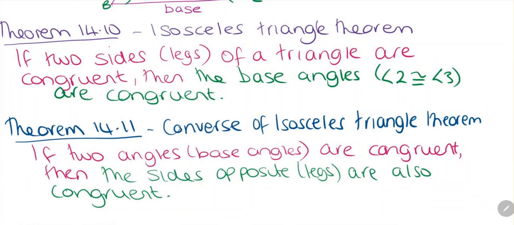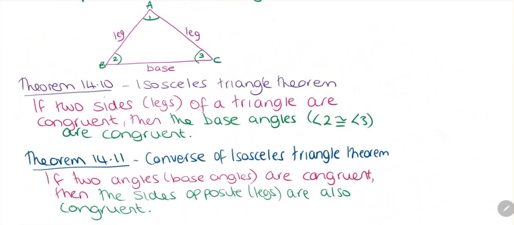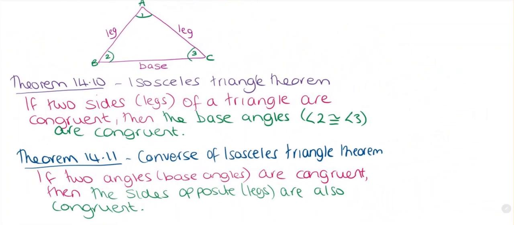So an example, so if we look at our triangle, we have A is angle 1, B is angle 2, and C is angle 3. So these are our base angles, and these are our legs. So we can say that if two sides are legs, so we said angle 2 and angle 3.